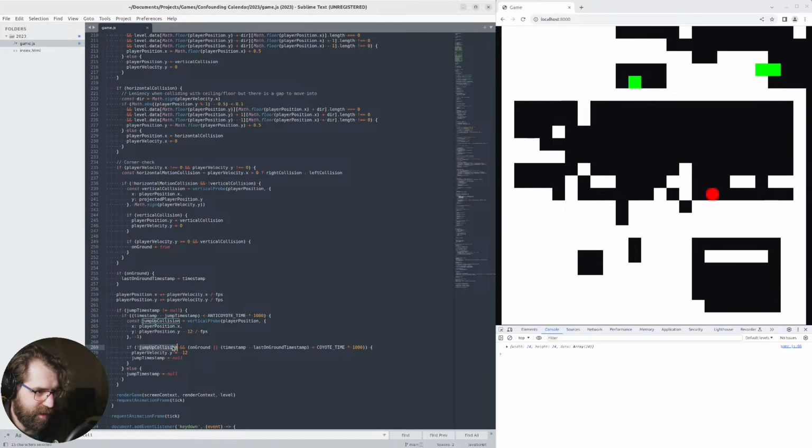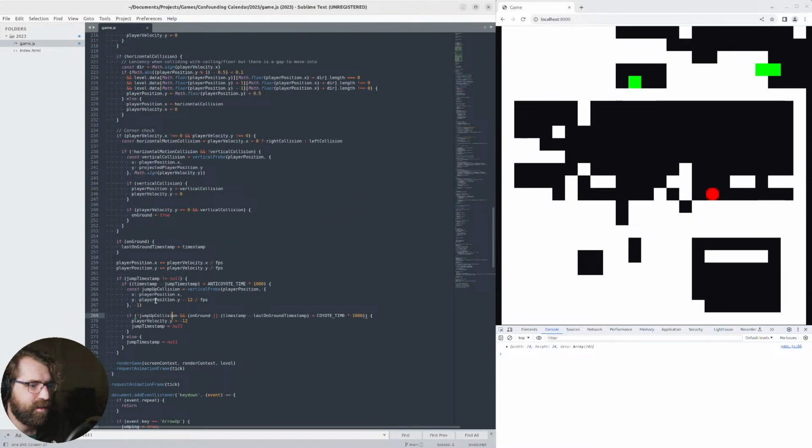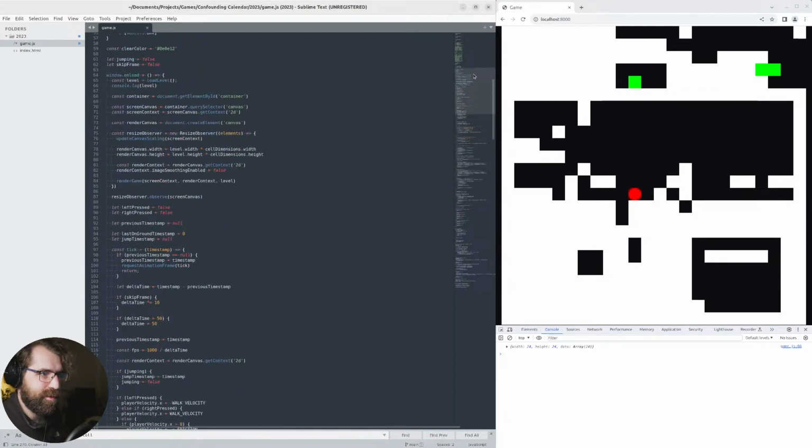This doesn't have any leniency. Oh dear. Okay, let me make my jump bigger. Double the jump. Okay. Now let me raise that thing up.